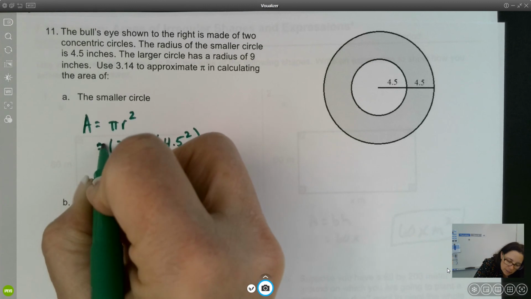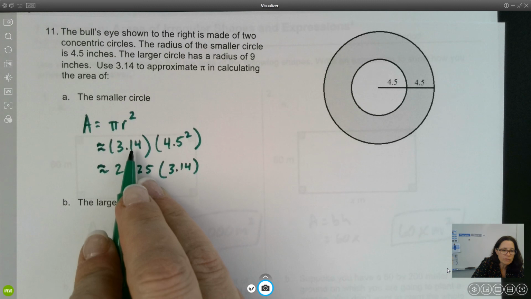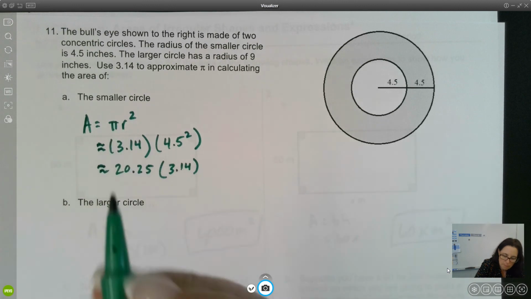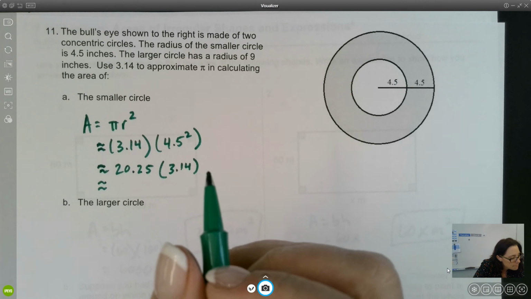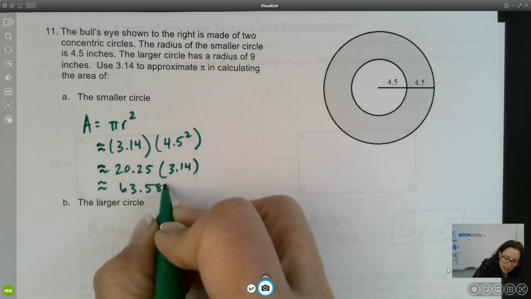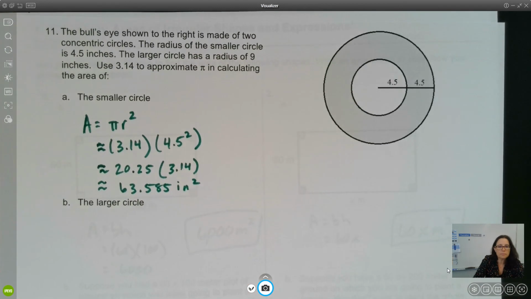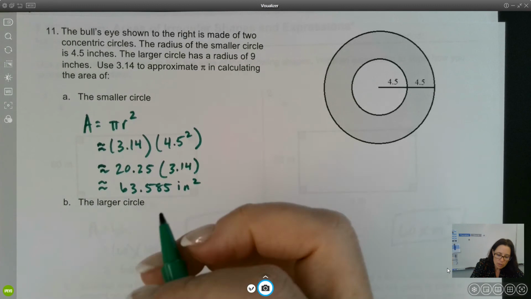Then I'm going to make these squiggly because I've already put in my 3.14 approximation for pi. That comes out to be 63.585 inches squared.